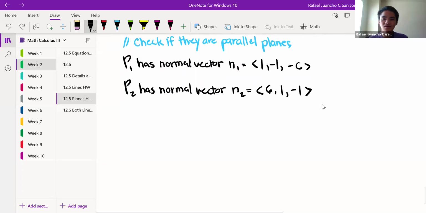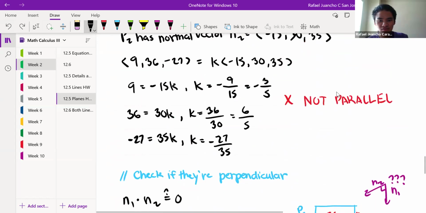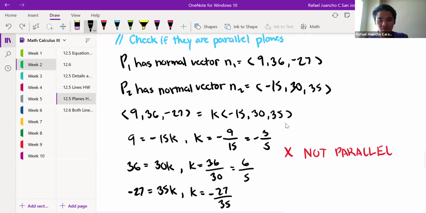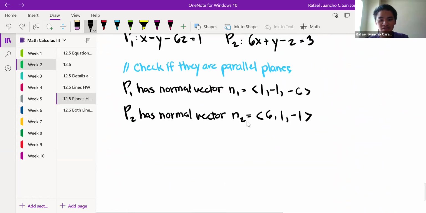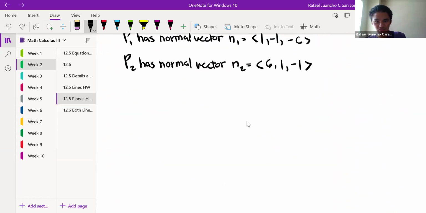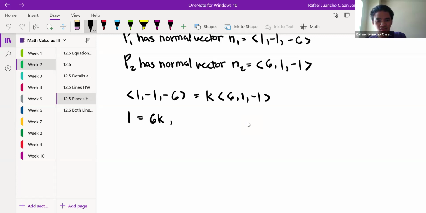Now, are they parallel? So let's see. How we did it previously was we equated them, and one of the vectors we multiplied by k because we're doing scaling. So n1 is equal to some k times 6, 1, -1. Now we equate them. So 1 is 6k, so k here is 1/6.